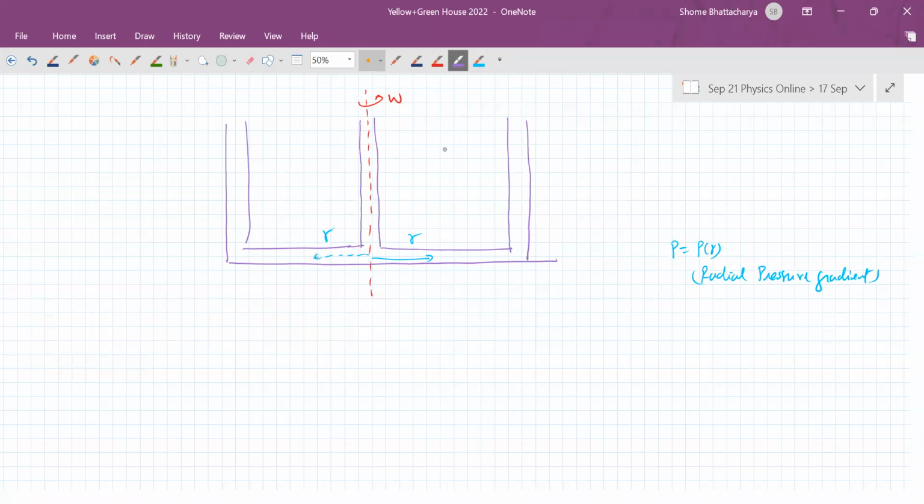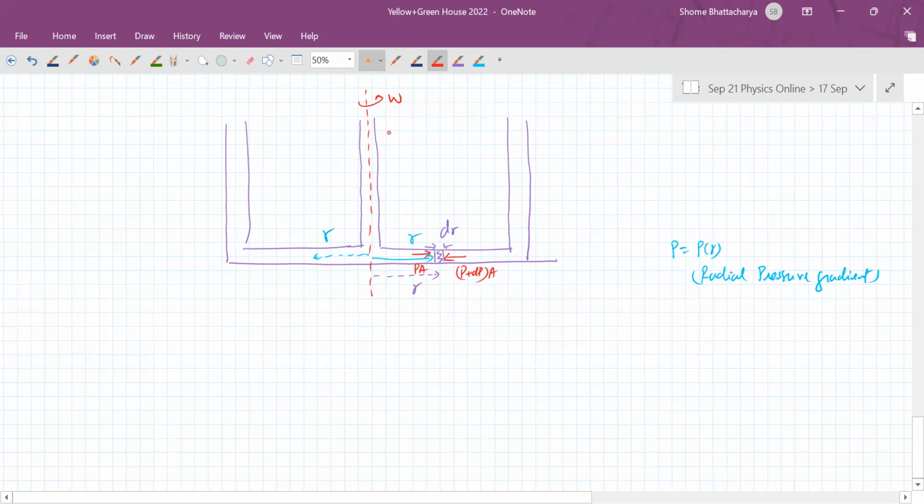Okay. So if you make a free body diagram of a small section of liquid here, which is of thickness dr and at a distance r. So on that section, you will see that there is force due to pressure like this. So pressure into area, slightly different pressure into area.